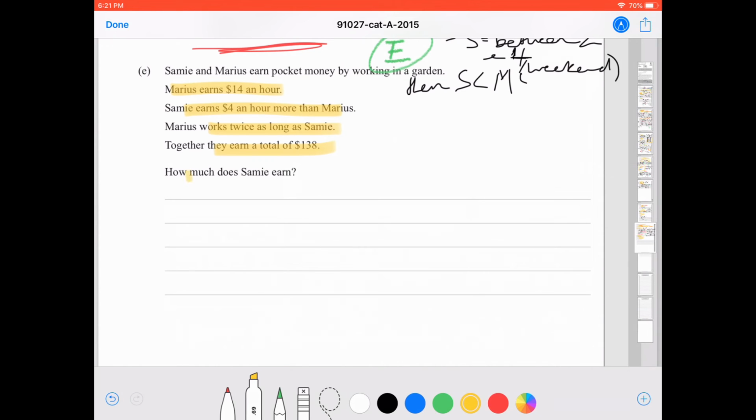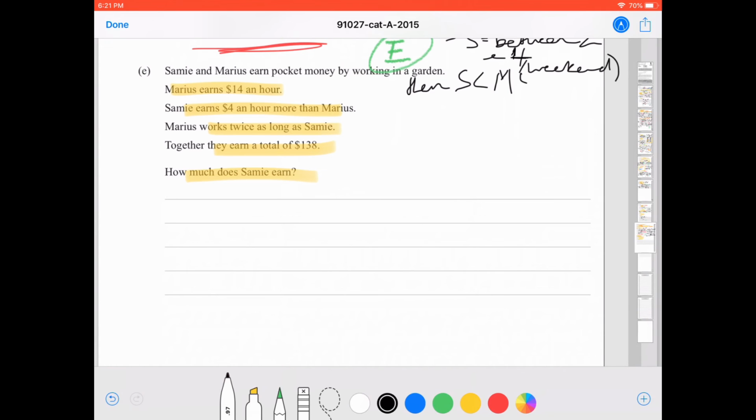How much does Sammy earn? So it must be the second or third question of this sort in this paper. Possibly it'll be a simultaneous equations question. And again, we're looking for how much does Sammy earn.